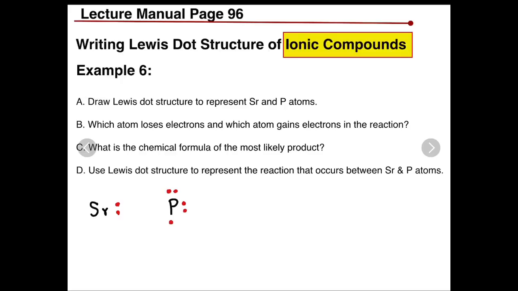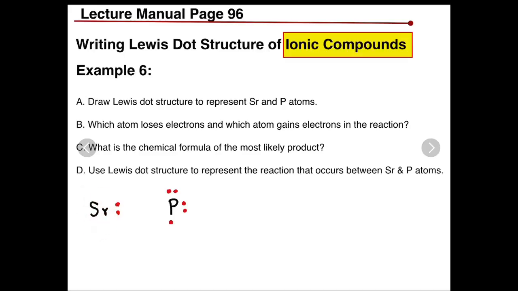So B asks, which atom loses electrons and which atom gains electrons in the reaction. If these 2 neutral atoms come together, which one is going to transfer electrons, and which one is going to accept electrons? We already know that the metal is most likely to transfer its electrons to the non-metal, because metallic character is exhibited by the tendency of losing electrons. So strontium is more metallic than phosphorus.